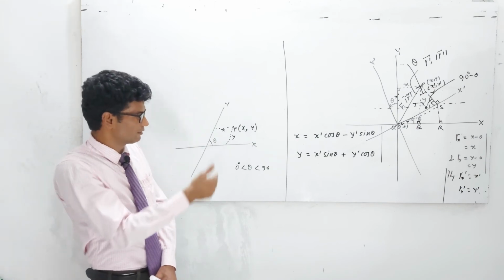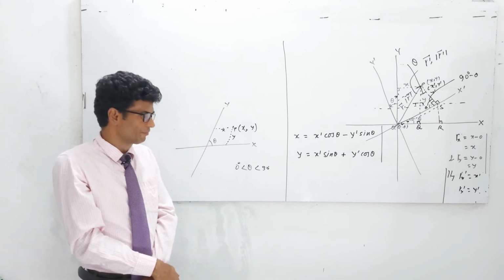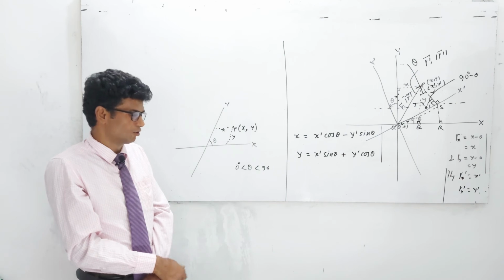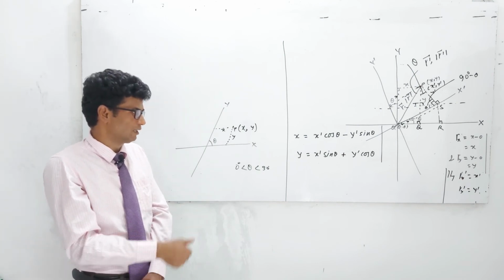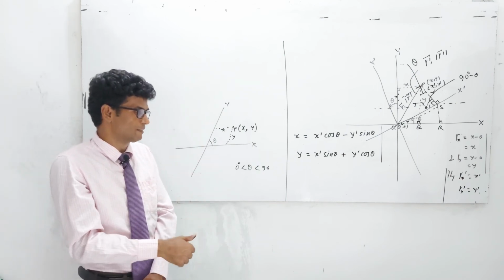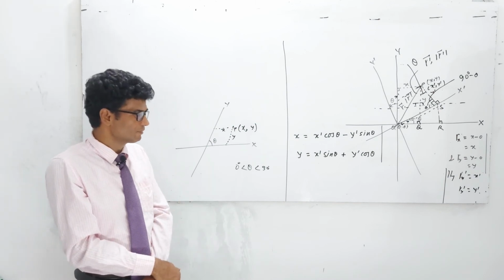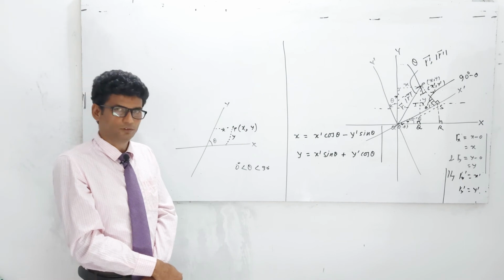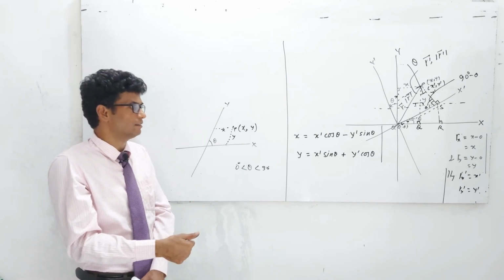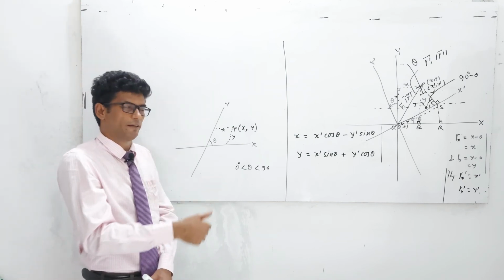So it is very clear from this relation that x is not equal to x prime and y is not equal to y prime, meaning the x component in the xy frame is not equal to the x component in the x prime y prime frame.